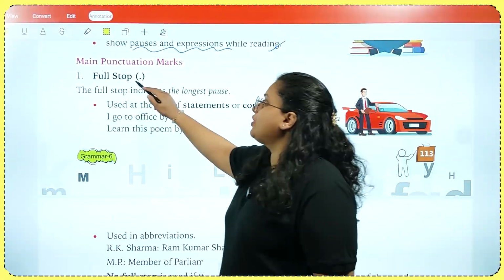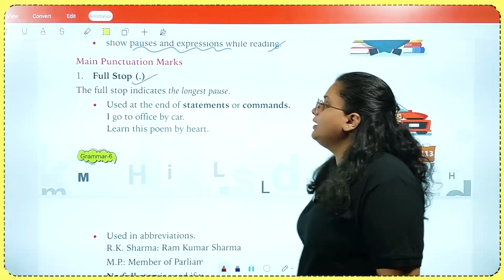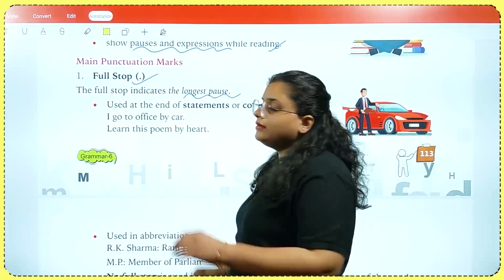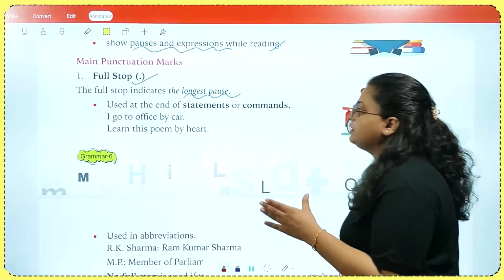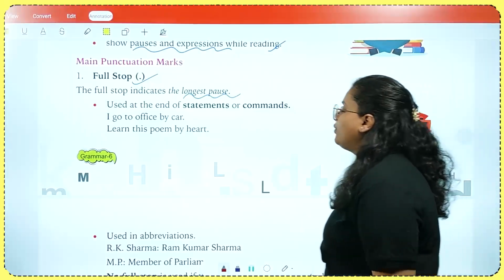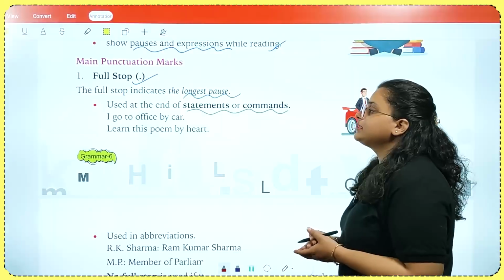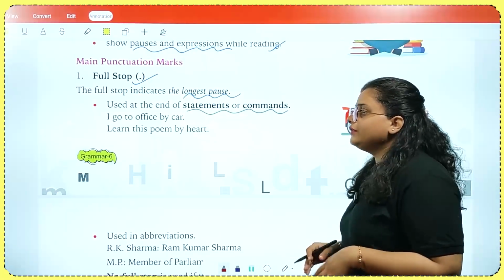First is full stop. The full stop indicates the longest pause. Okay, it is showing that here it is a longer pause. सबसे long pause जो है वो full stop से होता है. Use at the end of a statement or command. कोई statement और command होगी उसके end में आपका full stop इस्तेमाल होगा. I go to office by car.